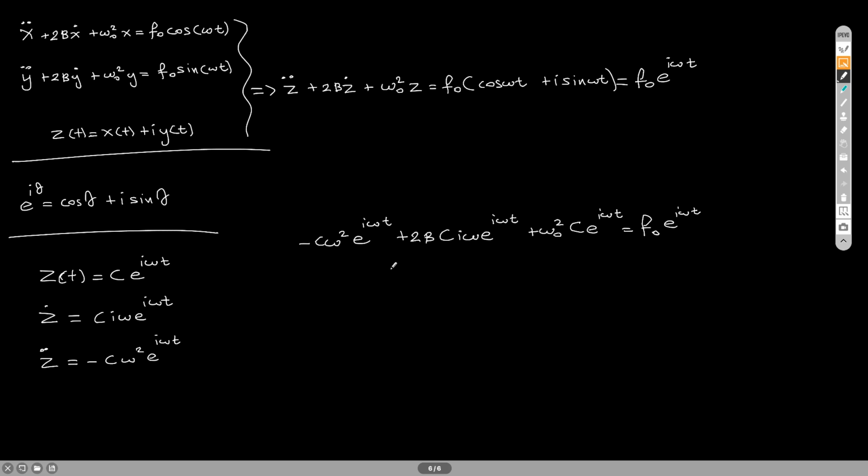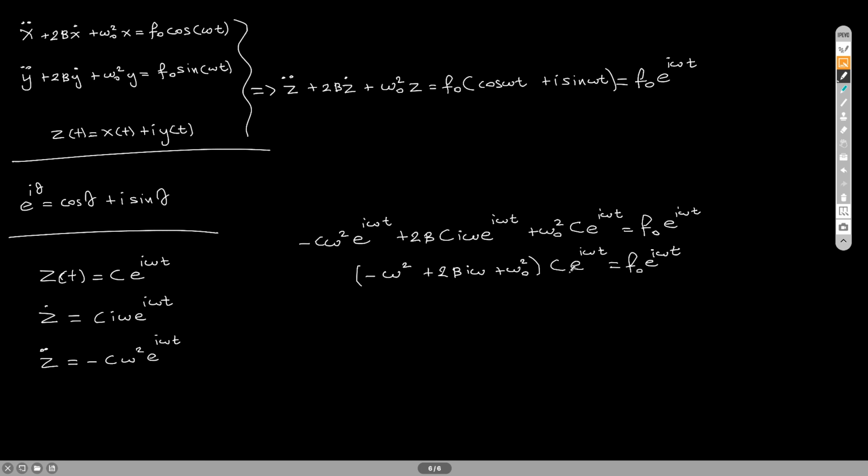Now, if I take out the common factor, I get minus omega squared plus 2 beta i omega plus omega naught squared, times C e to the i omega t, equals f naught e to the i omega t.